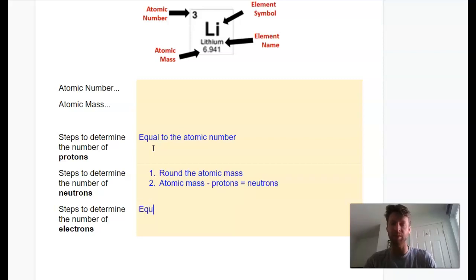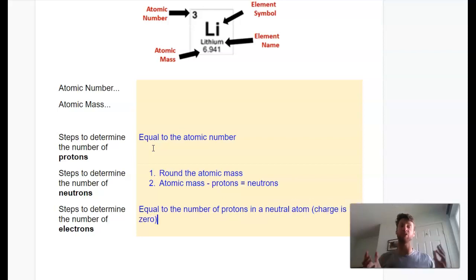And electrons will be equal to the number of protons in a neutral atom, and that's when our charge is 0. Once again, for today, our charge is always going to be 0, so you do not need to do any extra calculations there.